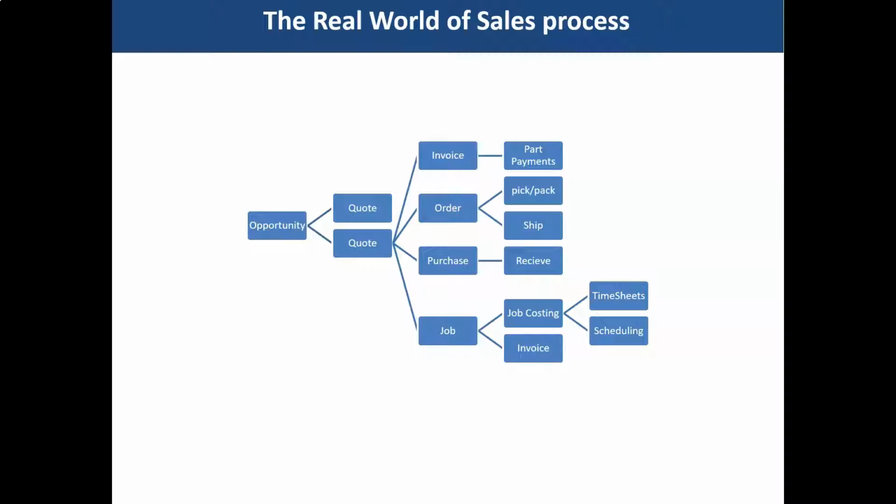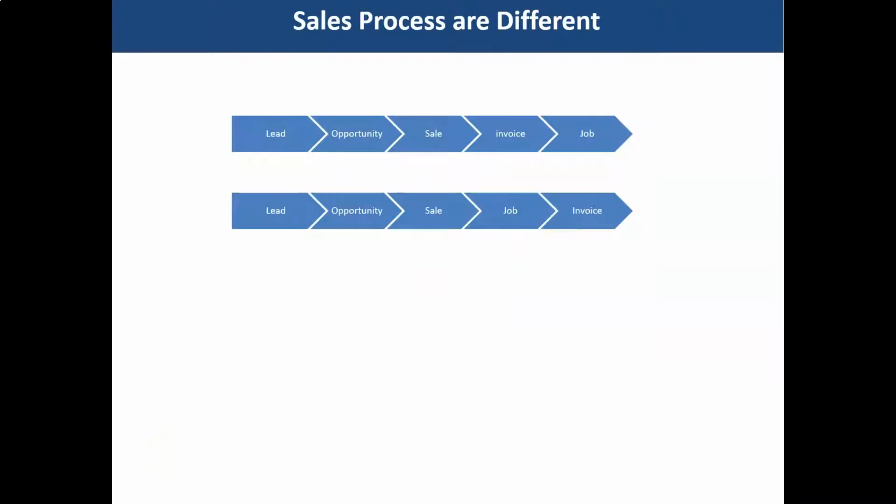The two problems we had: one was that some of our clients had multiple levels of processes. Sometimes they wanted just to do a quick quote and invoice, but other times they needed some complexities around that. That gave us some challenges, because we just had a couple of processes, and it was very hard to hide buttons on some occasions.